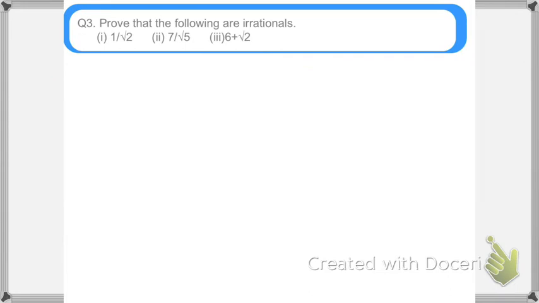Now, moving to the next question, prove that the following are irrational. The first one is, we have to prove that 1 by root 2 is irrational. Okay. So, for proving it irrational, by contradiction method we will move. In step 1, assuming that 1 by root 2 is rational.